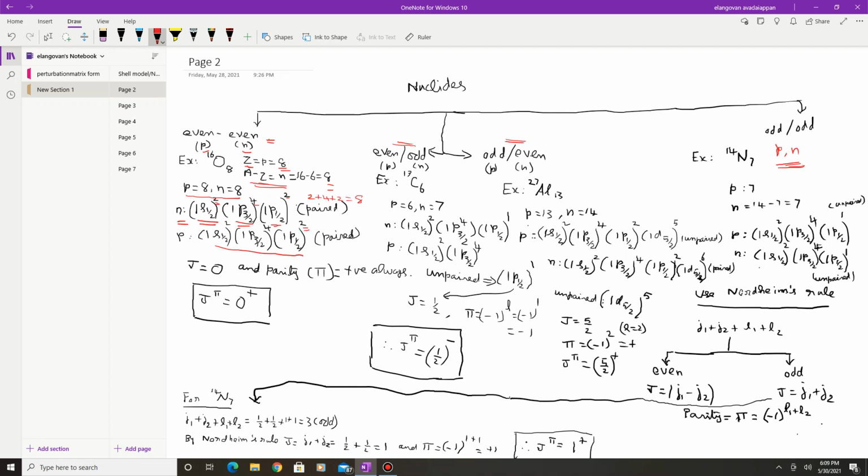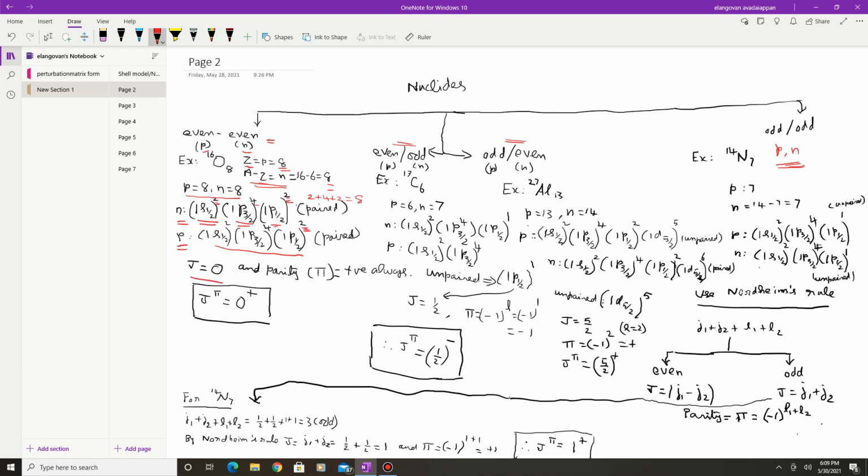So for both neutron as well as proton, the outermost level is an even number. This 2 is an even number for the neutron, and 2 is an even number for the proton. If there is an even number, it is paired. Once the particles are paired, the angular momentum must be 0.